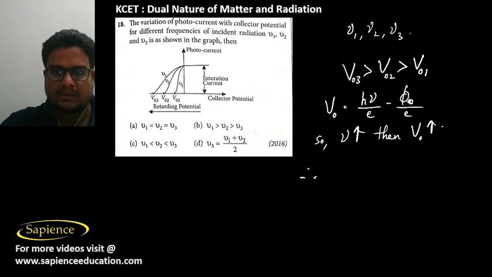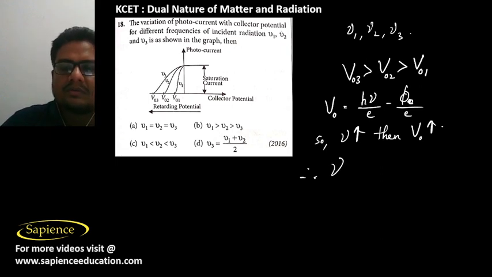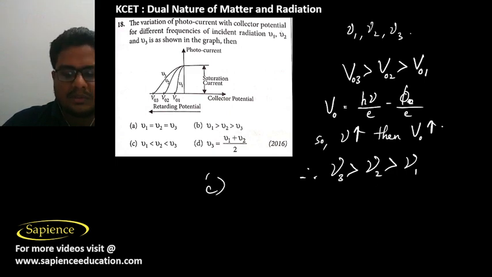Therefore the stopping potential for the third case is the highest, so the third frequency is also the highest. So nu3 is greater than nu2, which is greater than nu1. So option C is the correct answer.